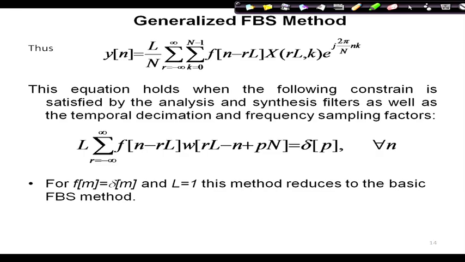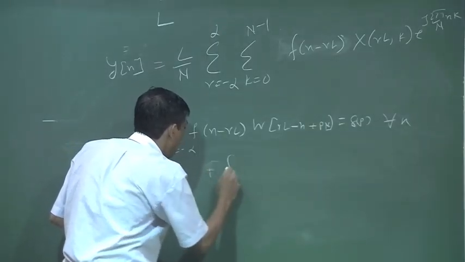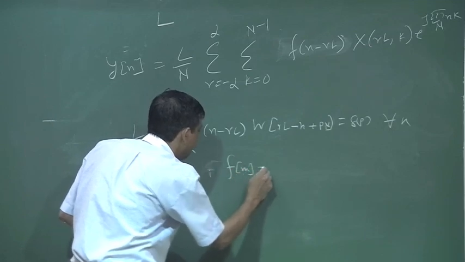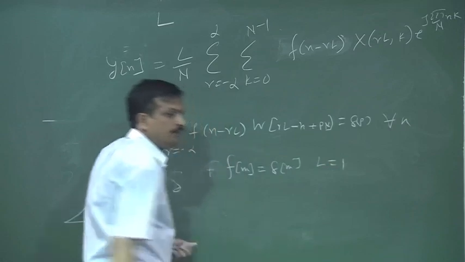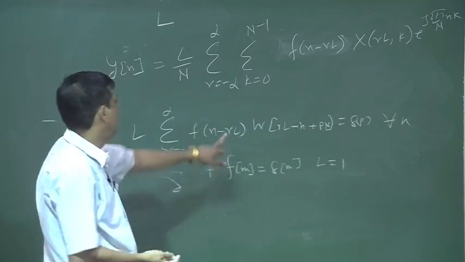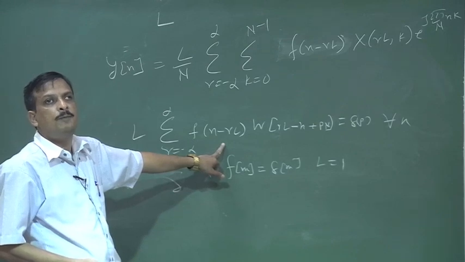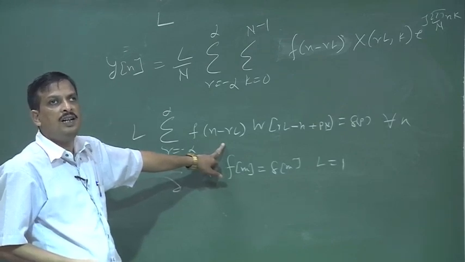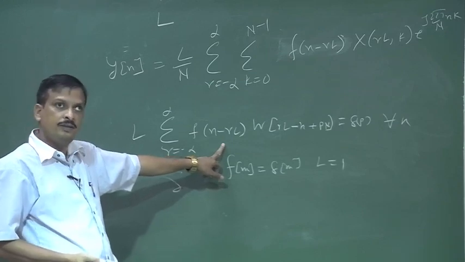So, if f[m] is equal to delta[m] and L is equal to 1, this satisfies it. If f[m] is equal to delta[m] and L is equal to 1, then sample by sample recovery is satisfied.